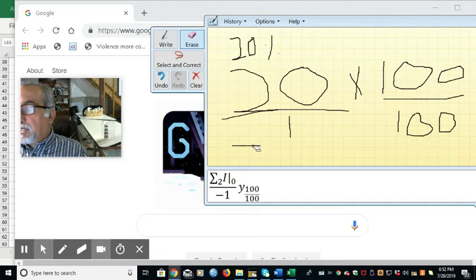It's 20, right? Any number you divide by 1 is the number. So 100 divided by 1 is 100. 5,000 divided by 1 is 5,000. 100,000 divided by 1 is 100,000, etc. 1 divided by 1 is 1, right? Now, 20 divided by 1 is 20.